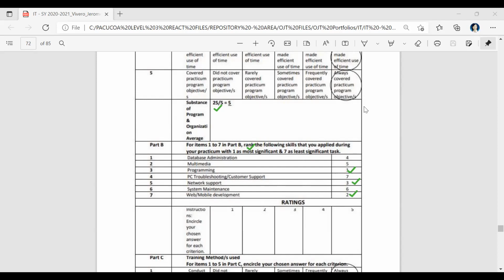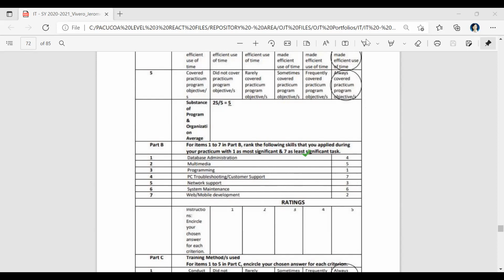So it has to be based on the most important or majority of the tasks given to you. So you did not see encoding, filing, because those can be done by non-IT majors. Again, this should be the application of your 4 years of studying your degree program.